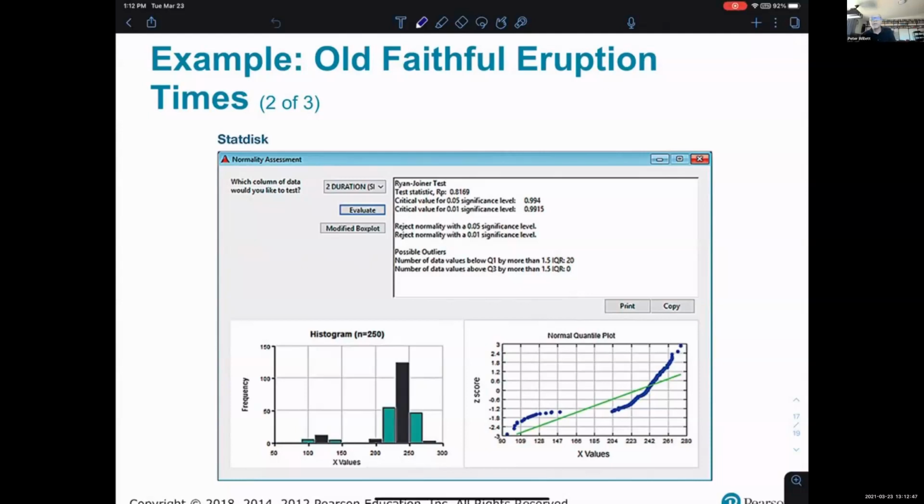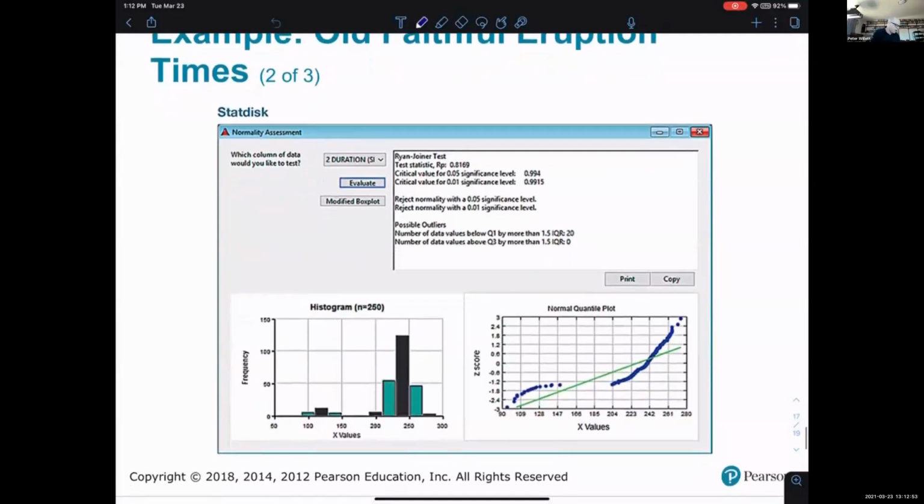We will revisit the idea of normality, I think in chapter 11, the last chapter that we cover. But for our purposes now, this little StatDisk package also comes up with a normal quantile plot and the histogram.